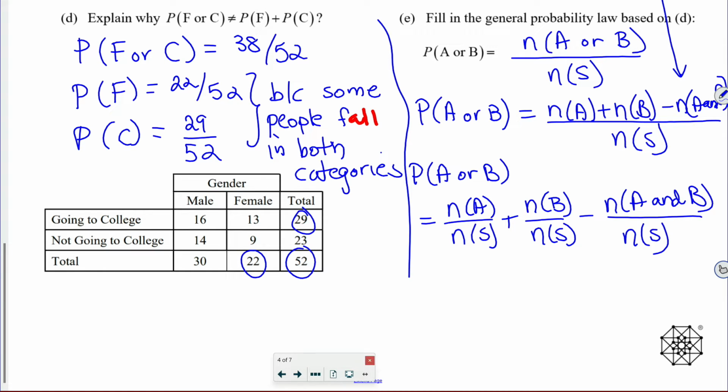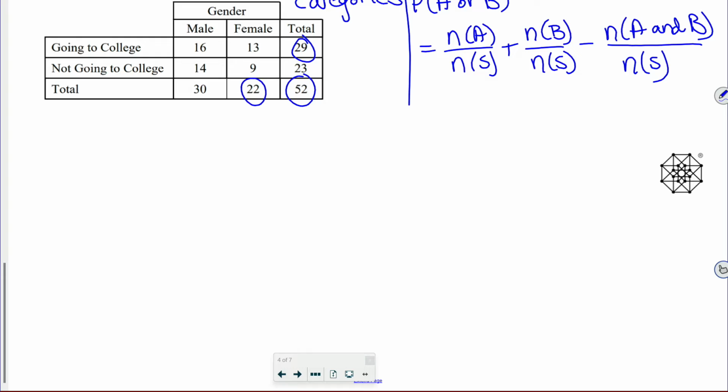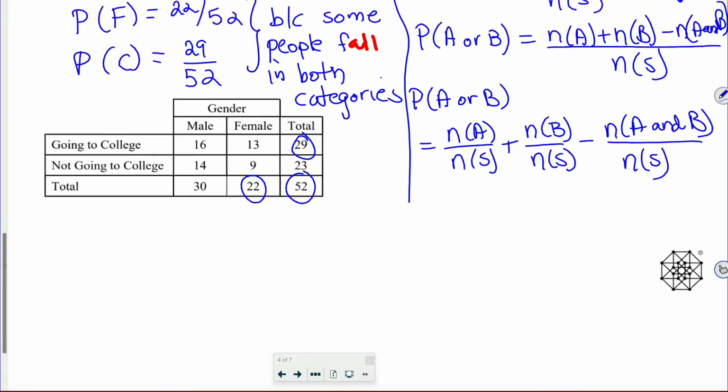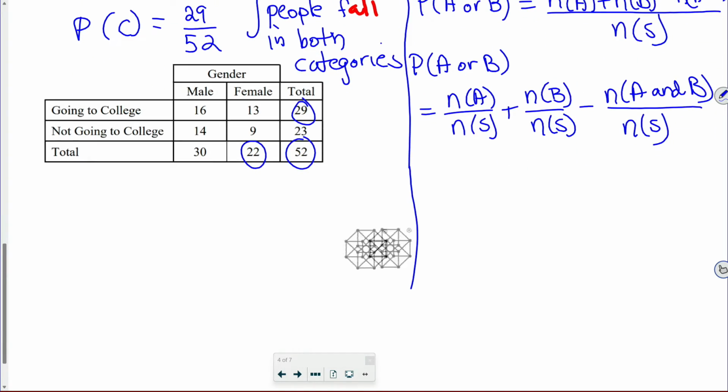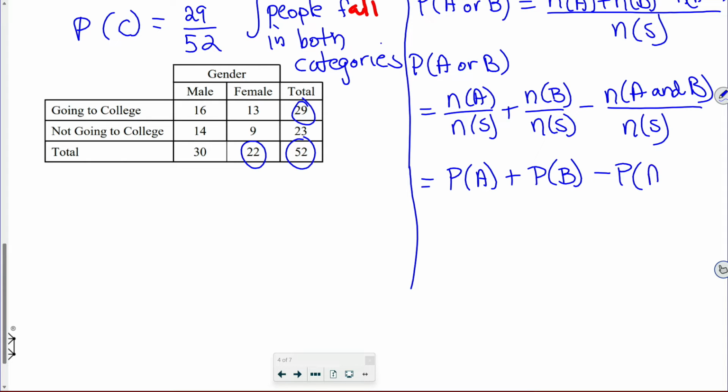And finally, I can now say that the probability of a union is the probability of event A plus the probability of event B minus the probability of the intersection.